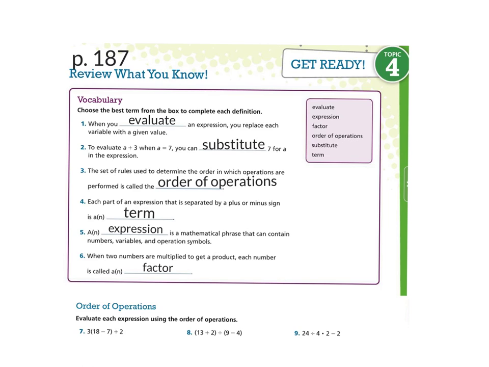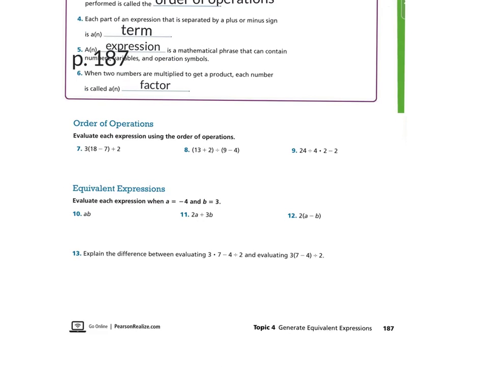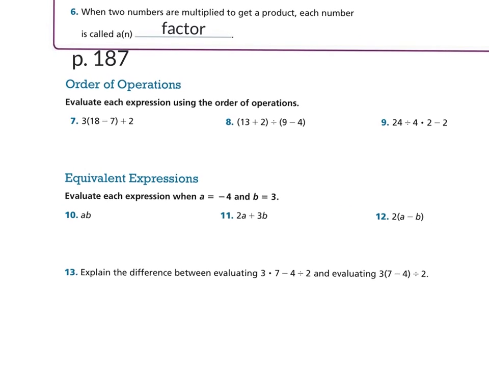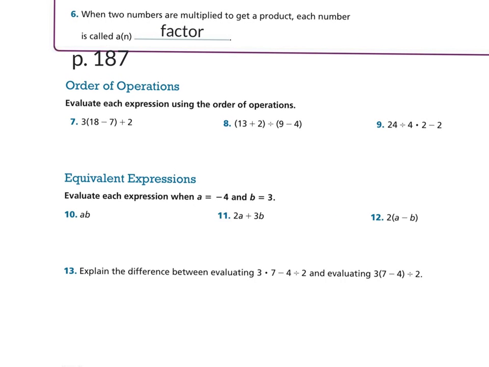So it's important that we always keep up with our vocabulary. Further down the page shows some things about order of operations and equivalent expressions, and you're welcome to do those. If you want to check those out of my book sometime, you can. We're not going to go through that for right now, though.